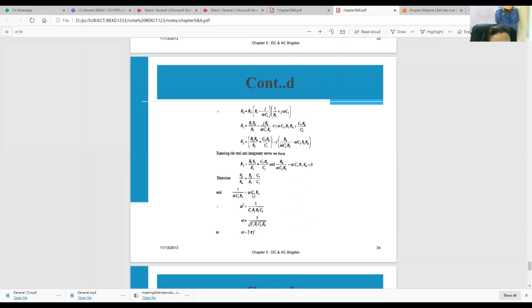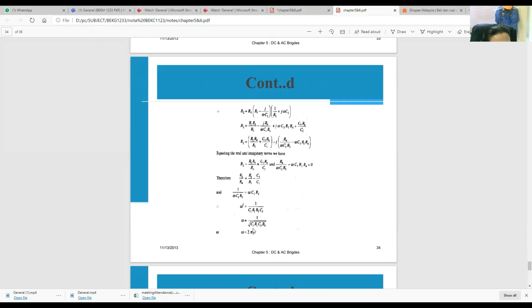The formula is omega equals 2 pi f, which is the standard formula for omega. To calculate omega, we use this formula based on this derivation: 1 over omega C1 R3 equals omega C3 multiplied by R1. From this we get omega equals 1 over the square root of C1 R1 C3 R3.